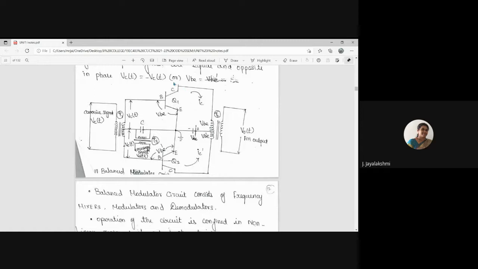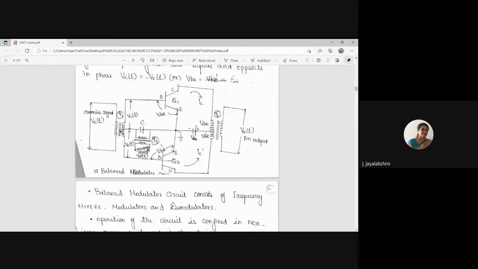You can see they use two transistors, which produce a balanced mode of output, and the carrier signal is given as an input to a transformer primary winding. The secondary winding has a center tap for symmetry and balance, and here you feed in the message signal. This will almost appear like your push-pull amplifier.